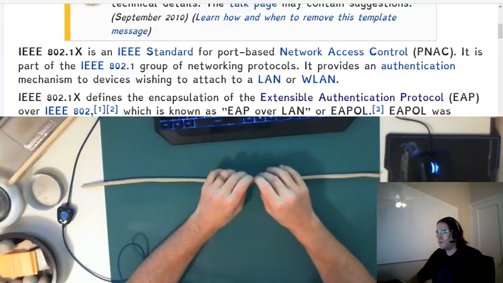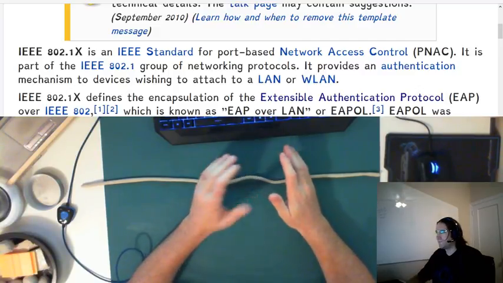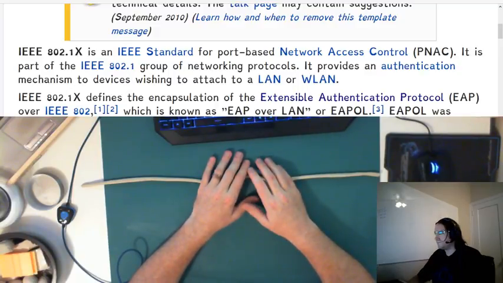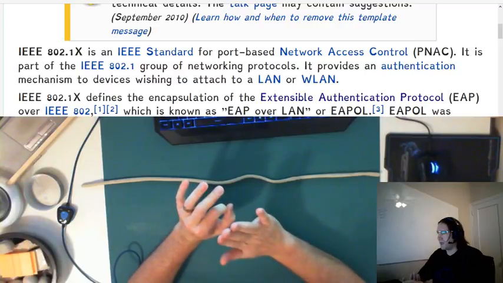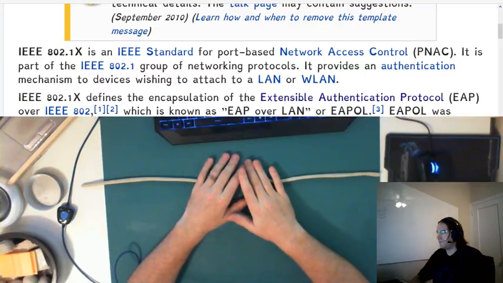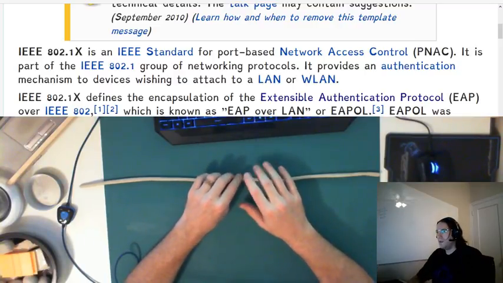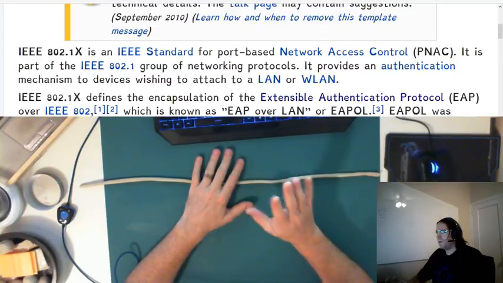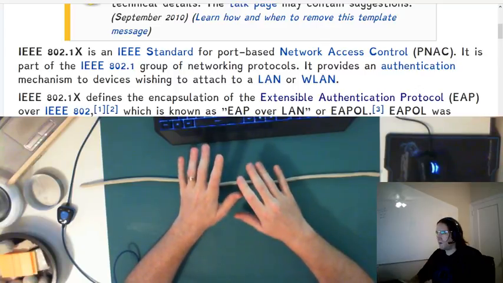The IEEE 802.1x is an IEEE standard for port-based network access control. So port-based network access control, PNAC. Okay. It is part of the IEEE 802.1 group of networking protocols.